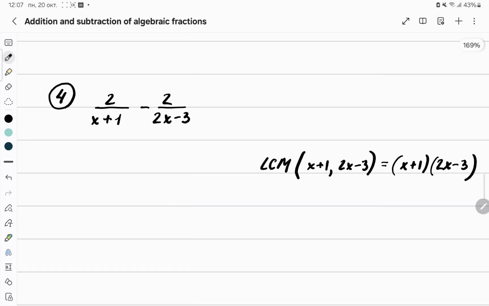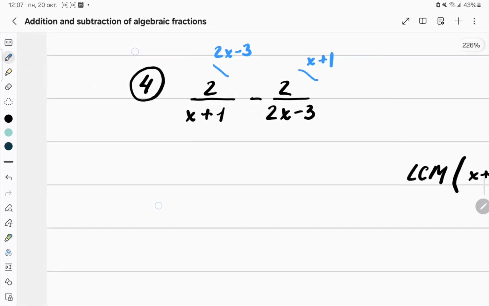That is why each fraction should be multiplied by the denominator of the other fraction, 2x minus 3, here x plus 1. Let's continue.